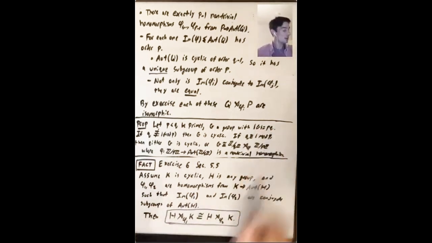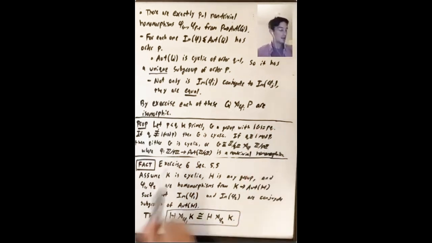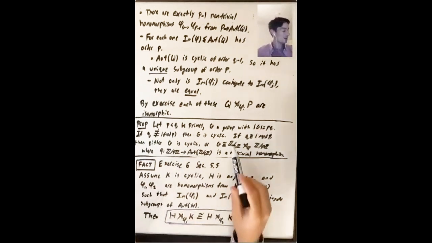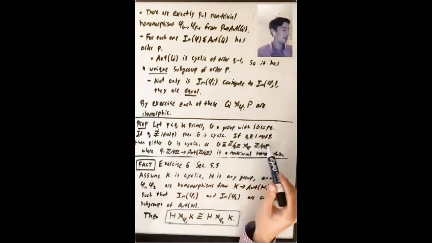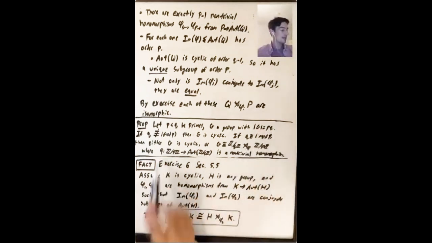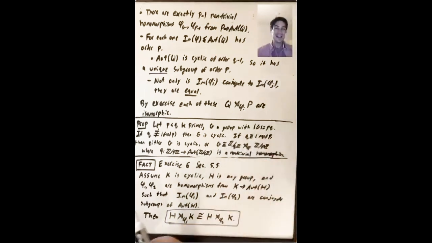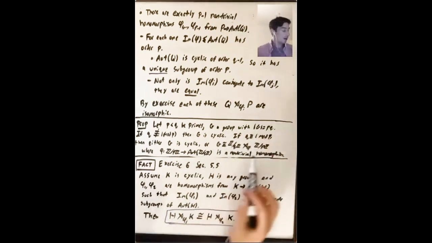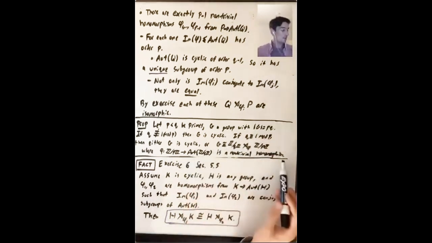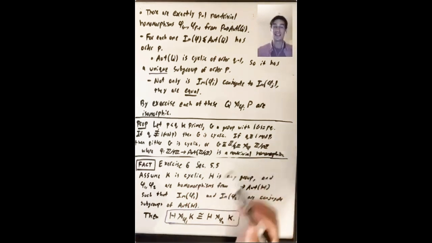If q is 1 mod p, then either G is cyclic, or if it's not, it's isomorphic to Z/qZ semidirect product Z/pZ with respect to phi, where phi is a non-trivial homomorphism from Z/pZ to Aut(Z/qZ). And the thing at the end of this statement is saying that it doesn't matter which non-trivial homomorphism you pick, you'll always get the same non-abelian group of order pq.